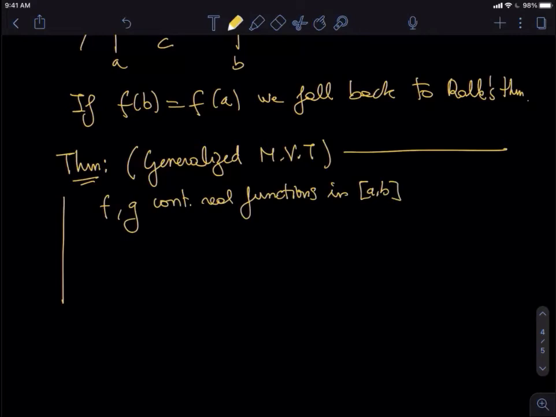Continuous in the closed interval, and both of them differentiable in the open interval. Okay.